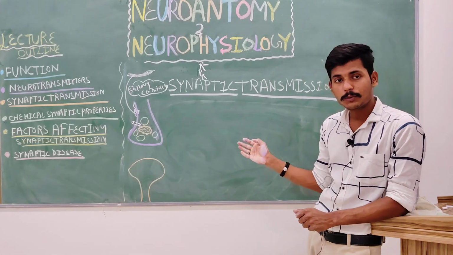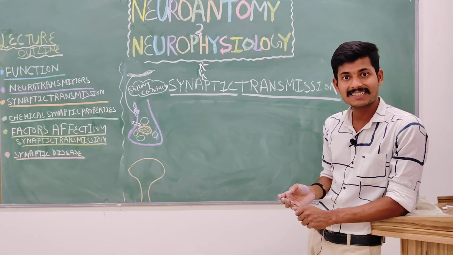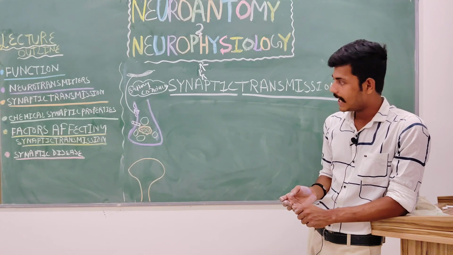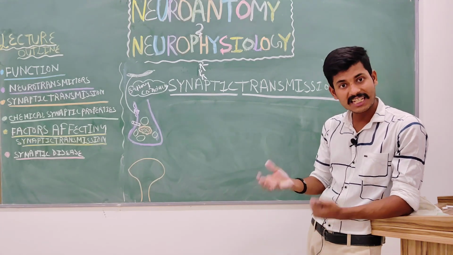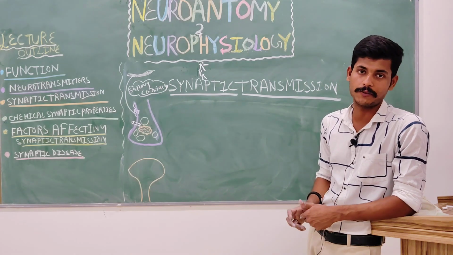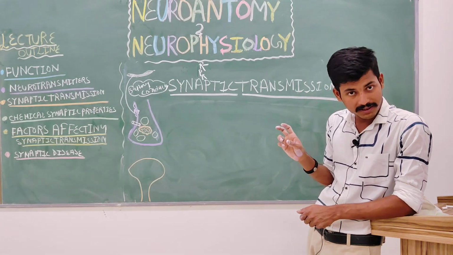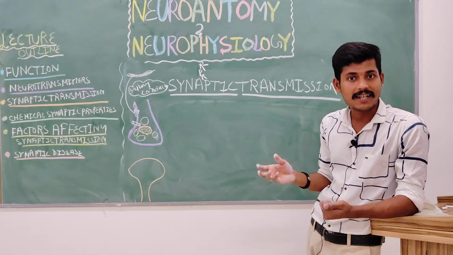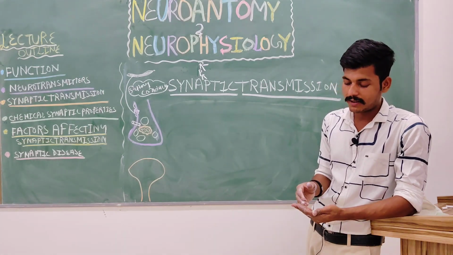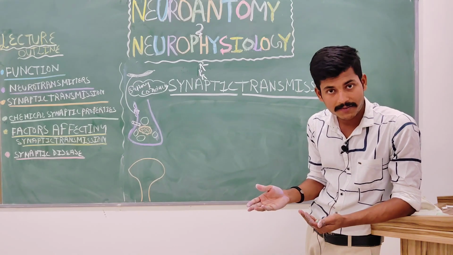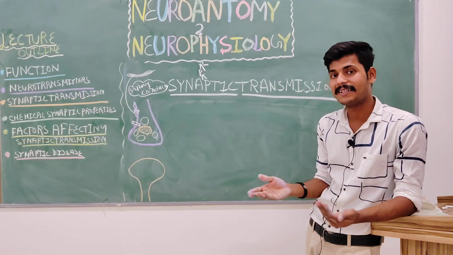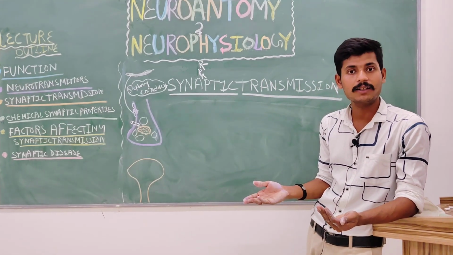Sometimes the cell has to throw out some charges, and sometimes it has to receive charges. For this purpose, we have ionic channels, and we also have receptors.